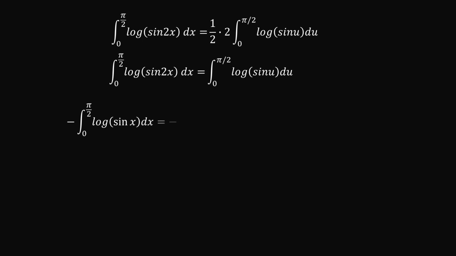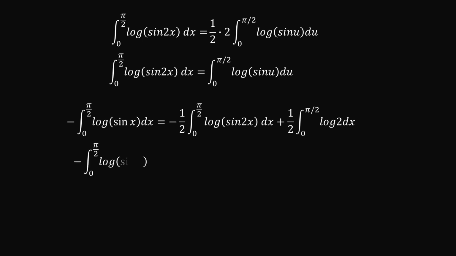Therefore, since we want the integral of the negative of natural logarithm of sine x from 0 to pi over 2, we found out that that was the same as the integral of logarithm of sine 2x from 0 to pi over 2, half of that, plus half of the constant log 2.